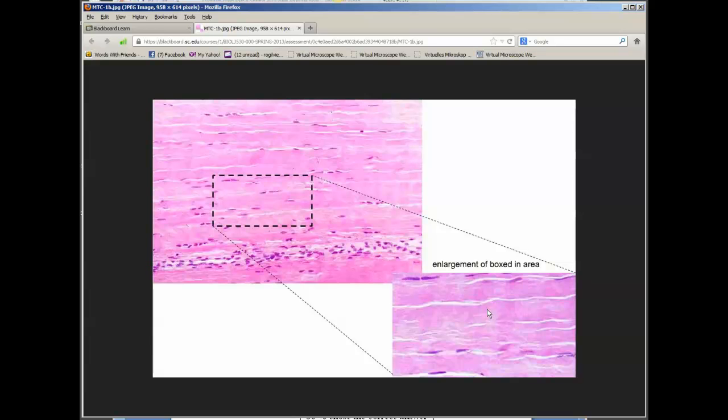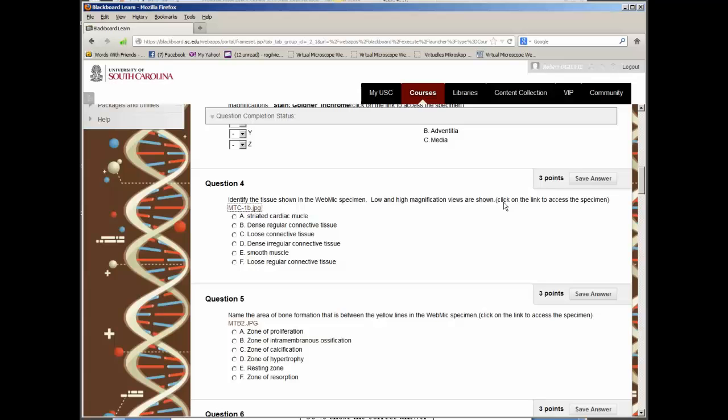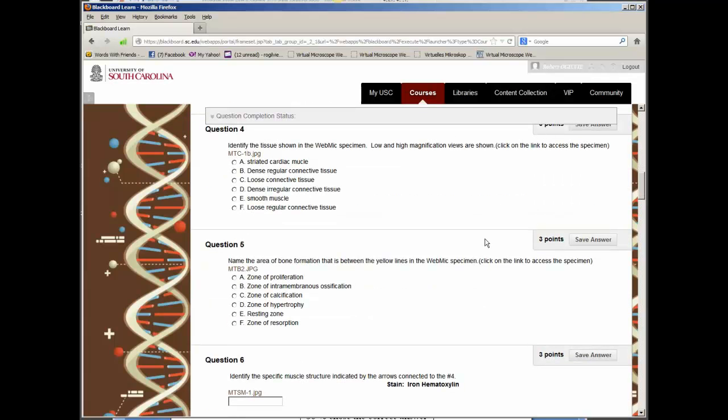It would not be smooth muscle because you would see the nuclei within the reddish stained acidophilic cytoplasm. So hopefully that will help on that question. So you would choose dense regular connective tissue because everything is aligned in one direction.